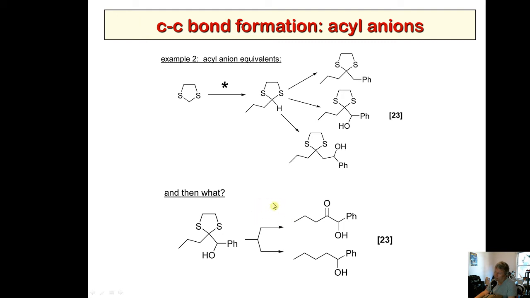So mercury chloride deprotects these guys, and you get the ketone. And then there's another route you can do to remove the thioacetal part, and that's H2 Raney nickel. So we have two ways of terminating a thioacetal reaction sequence.